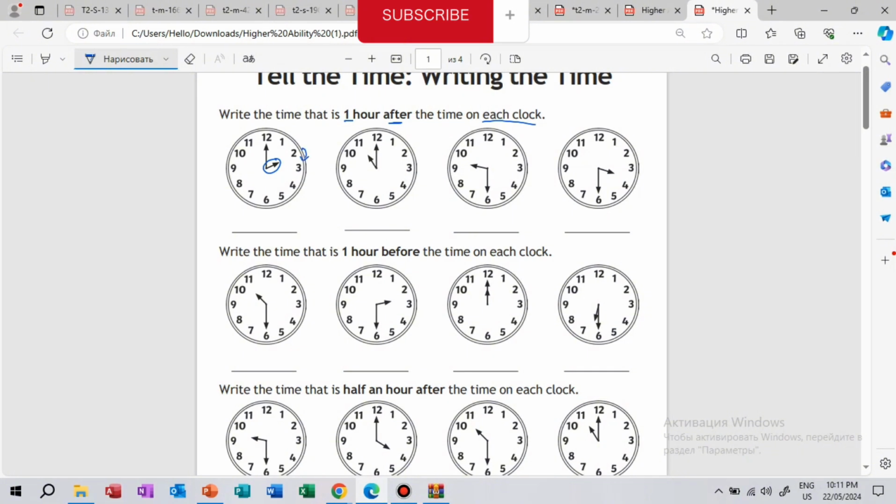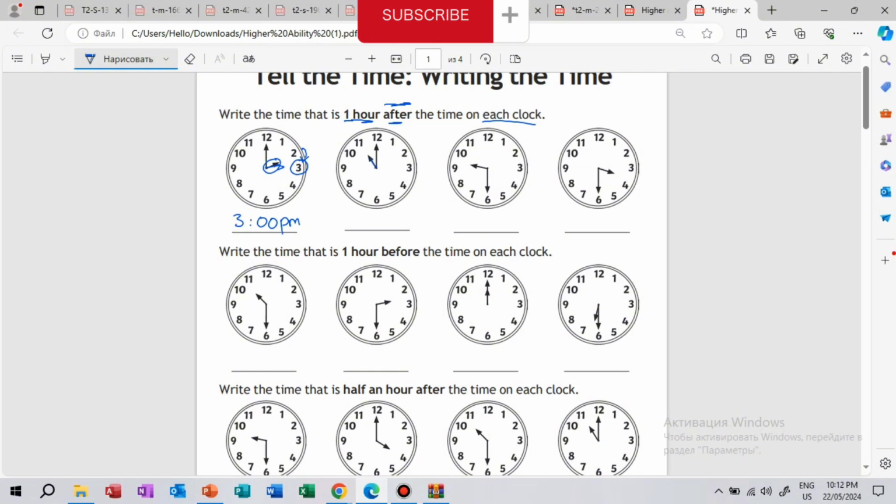What's the next number after 2? It is 3. It didn't tell us to move in any minutes, right? So if it's just 1 hour, all we have to do is move this, which will be pointing at 3. So it will be 3 a.m. or p.m.